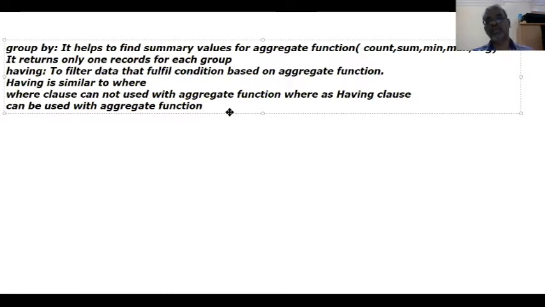For example, if you want to find the records whose average is greater than the average of all the students, here this AVG we have to apply to find out the average of all the average marks. After that, we have to apply one condition. So first we have to apply group by. After that, if we need one condition, we should go for the having clause. That is what we do.